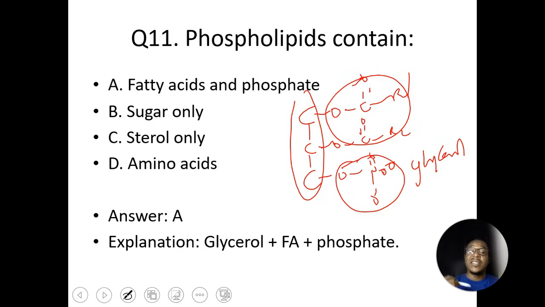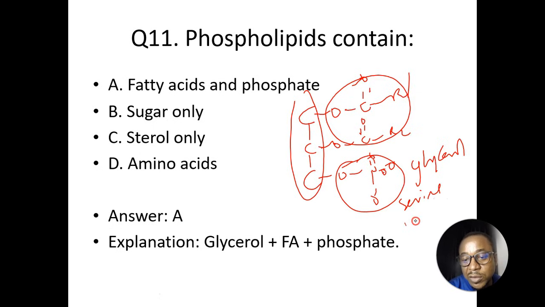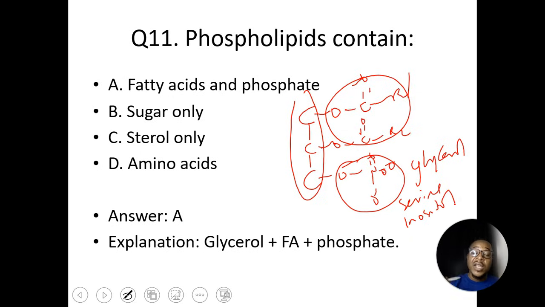We have phosphatidylserine, if a serine is attached to the phosphate group. We have phosphatidylcholine, if a choline is attached to the phosphate group. We have phosphatidylethanolamine, if ethanolamine is attached to the phosphate group.